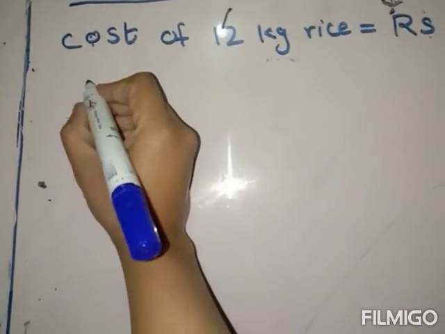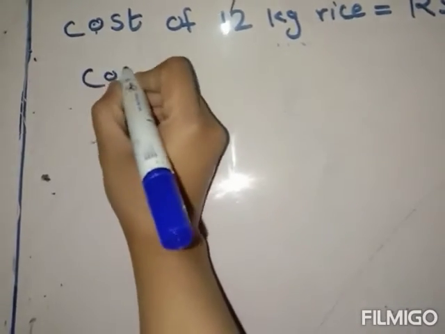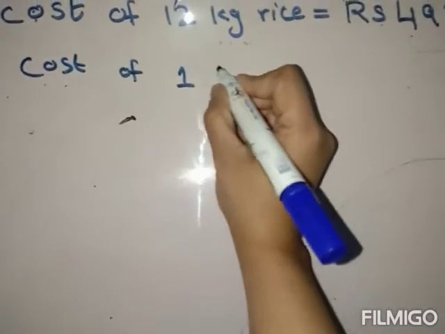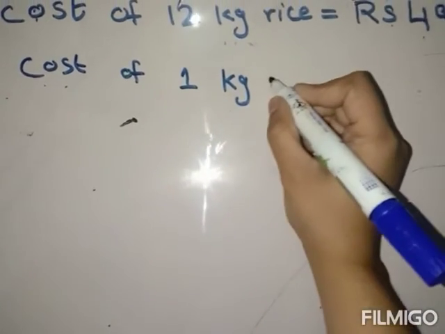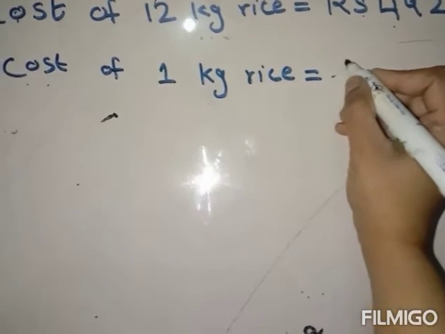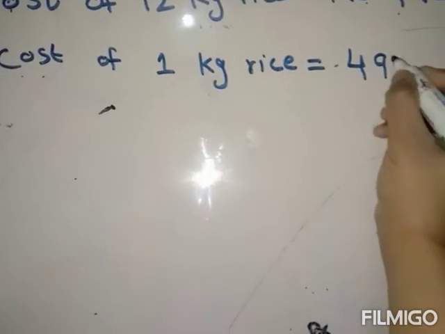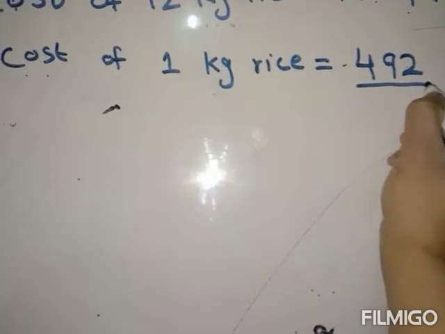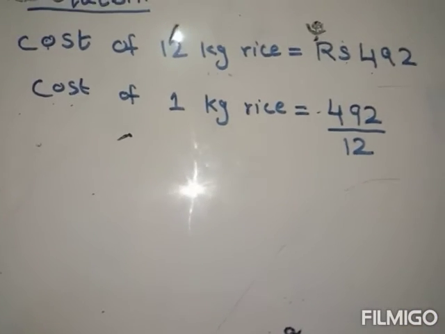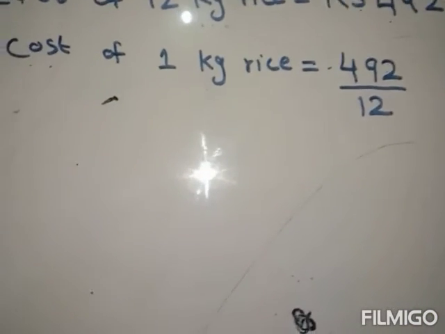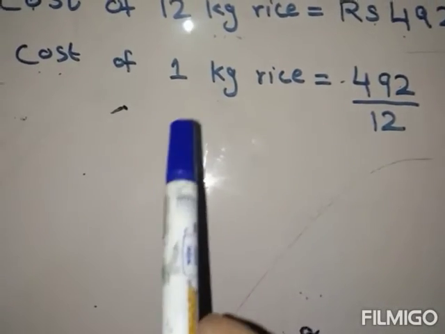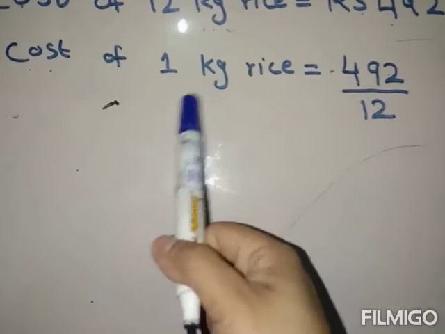So you will write cost of 1 kg rice is equal to 492 divided by 12, because the total kgs of rice are 12. When you divide it into 12 parts, then you will get the price of 1 kg. You have to find the price of less things, so you will divide.